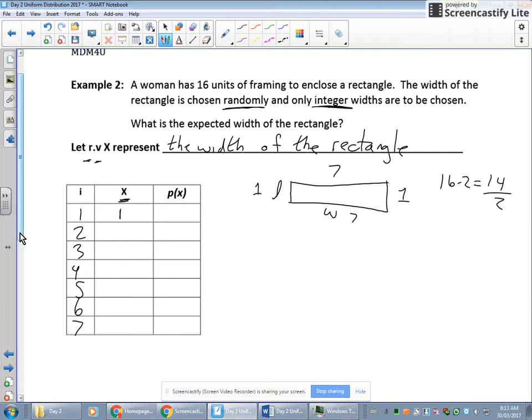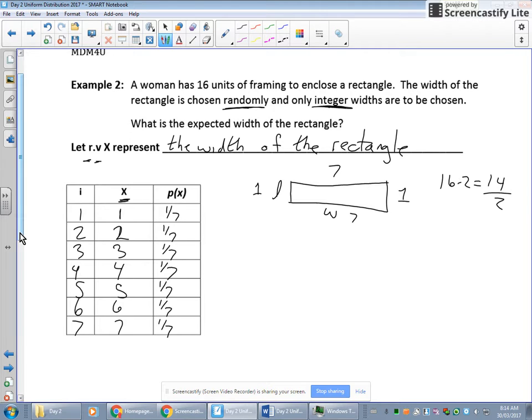So we can assume that this is going to be a uniform distribution. So the probability of having a width of 1 would be 1 over 7. A width of 2 would be 1 over 7. A width of 3 would be 1 over 7. A width of 4, equally likely. All of these possibilities are equally likely. So our probabilities are 1 over 7.